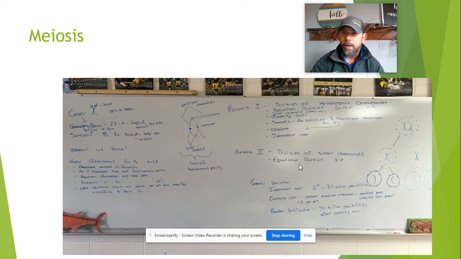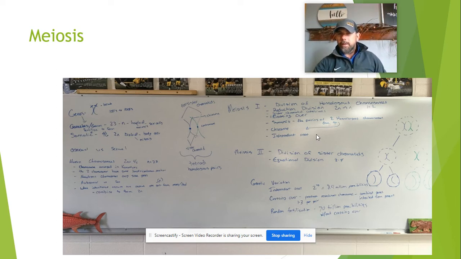When you talk about meiosis one and two in terms of oogenesis or spermatogenesis, spermatogenesis forms four equal cells. Oogenesis produces a so-called super egg with three little polar bodies that float around beside it. So there's a little bit of difference between the male and female gamete, also known as the sex cell.